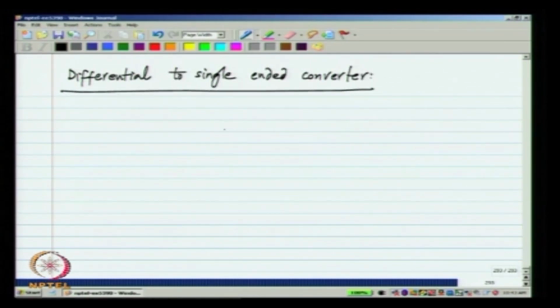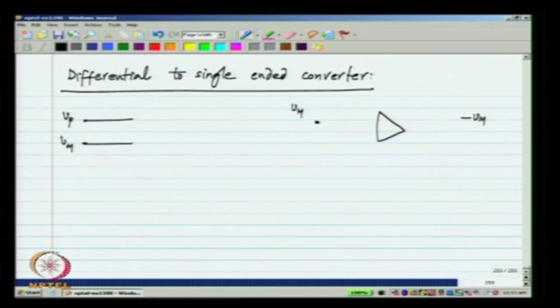There are many cases in which you have two inputs Vp and Vm and you want to extract Vp minus Vm. Now, how do we do that? Let us say I had Vm alone and I wanted to get minus Vm.